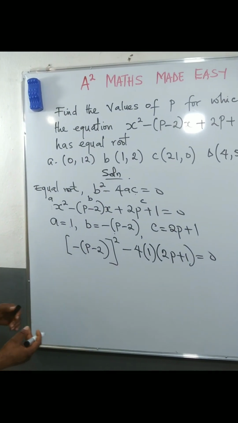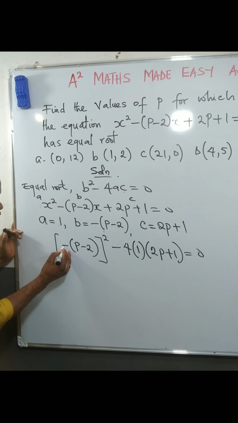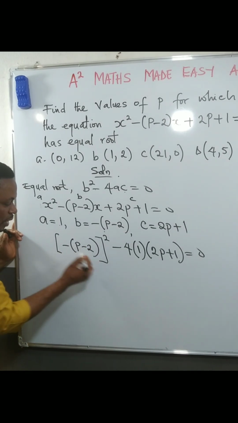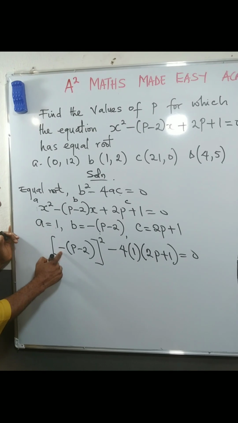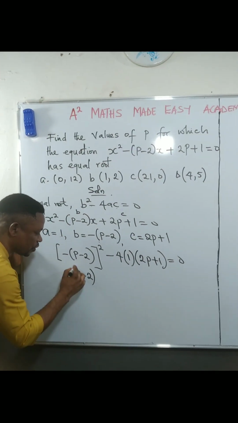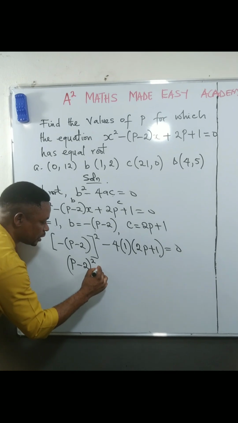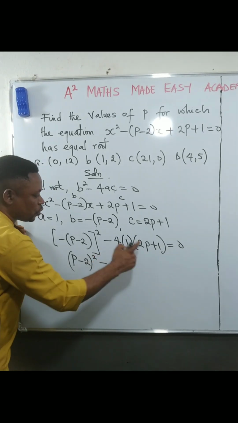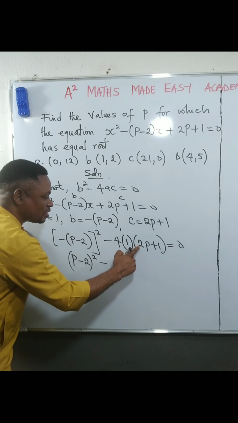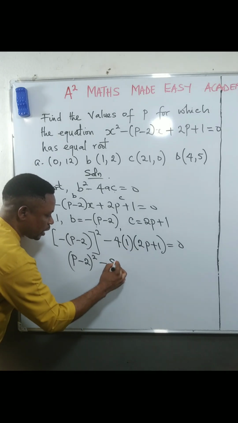Now what are you expecting? Remember that if I square this minus (p minus 2), the minus with this p, what will remain is (p minus 2) all squared. Then minus, now use this 4 to open the bracket. 4 times 1 is 4, right? Then 4 times 2p will give us 8p.